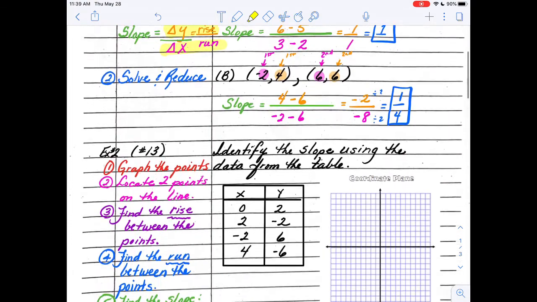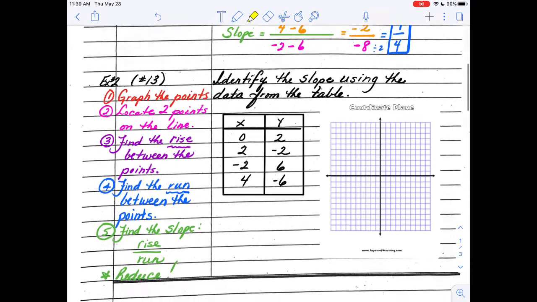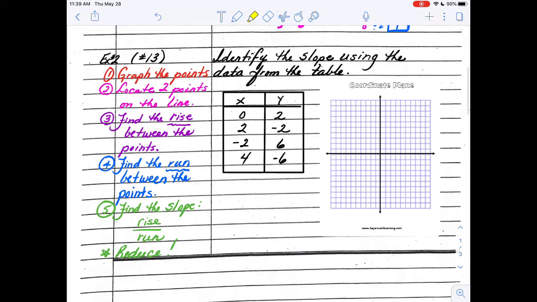Now, if I just stepped it up one level here, and I asked you to find the slope, but this time I gave you the points, and more than one, in a table form or on a graph. Well, if I give it to you in table form, you can go ahead and graph it. In fact, that's what I'm asking you to do first. Graph those points.